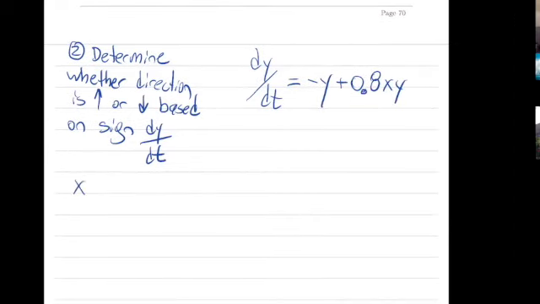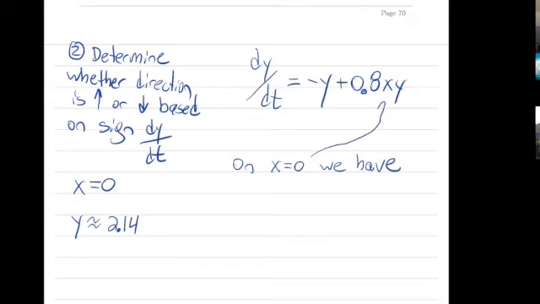And we had two nullclines. And so we need to check the direction on each of those nullclines. So for the first nullcline, when x is equal to 0, we can plug this into the differential equation and we get dy/dt is equal to minus y.